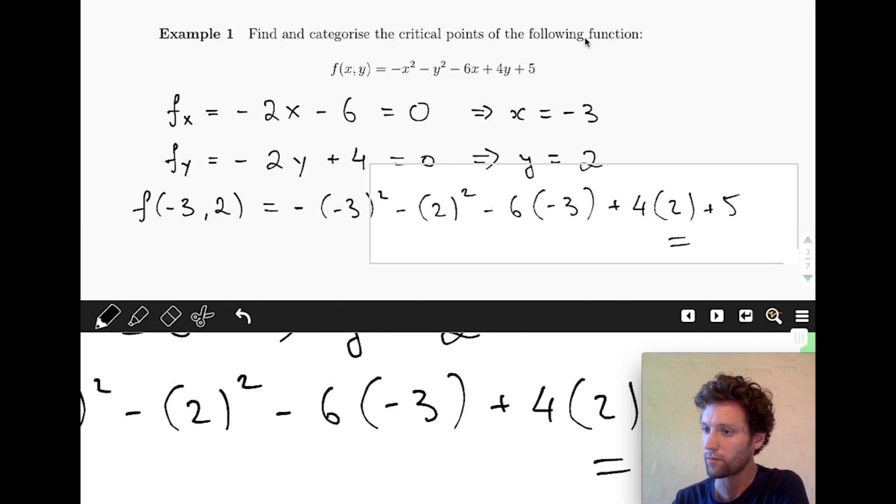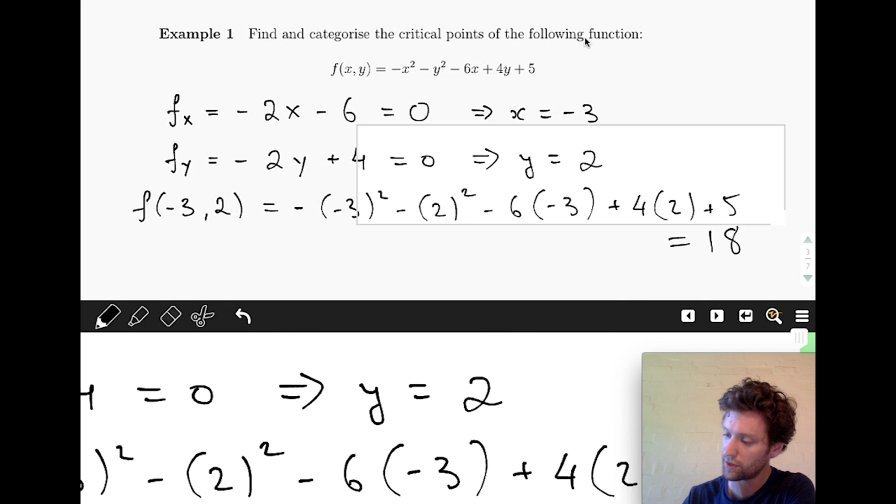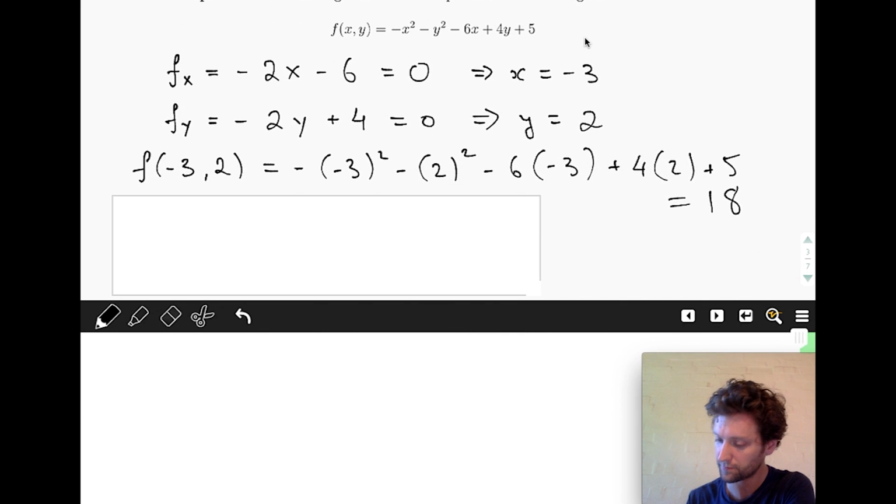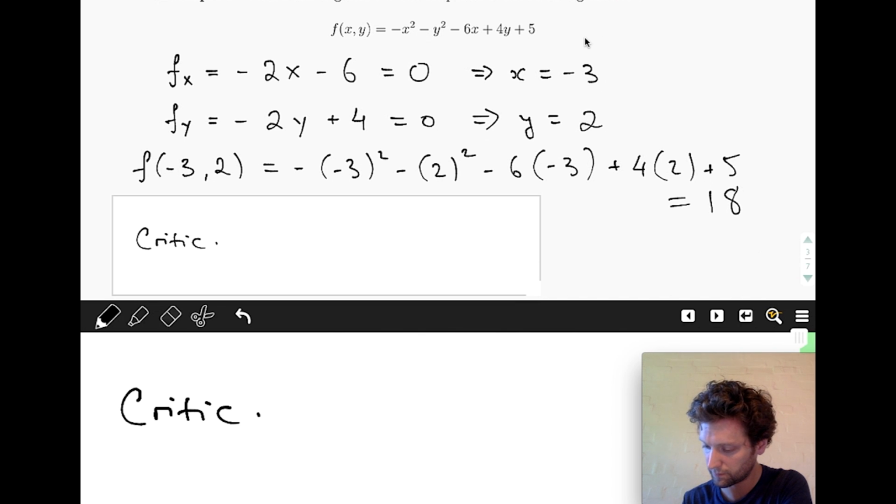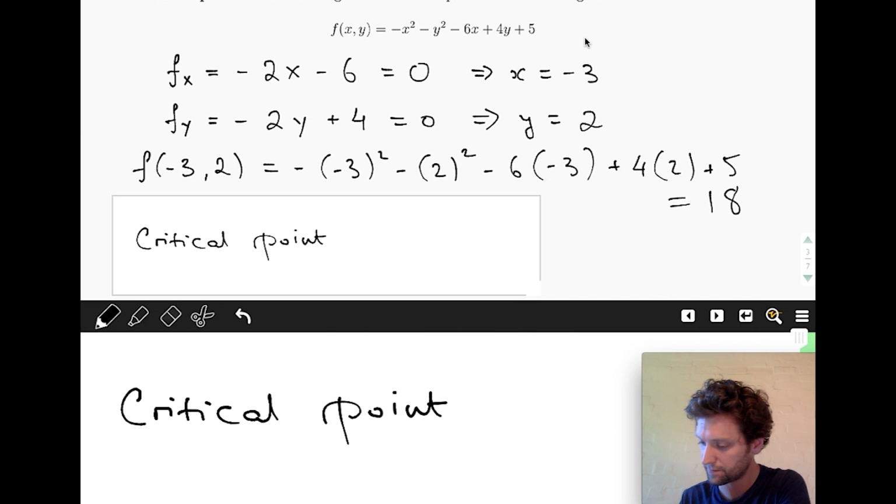And that's going to give me 18. So my critical point is at x = -3, y = 2, and f is equal to 18.